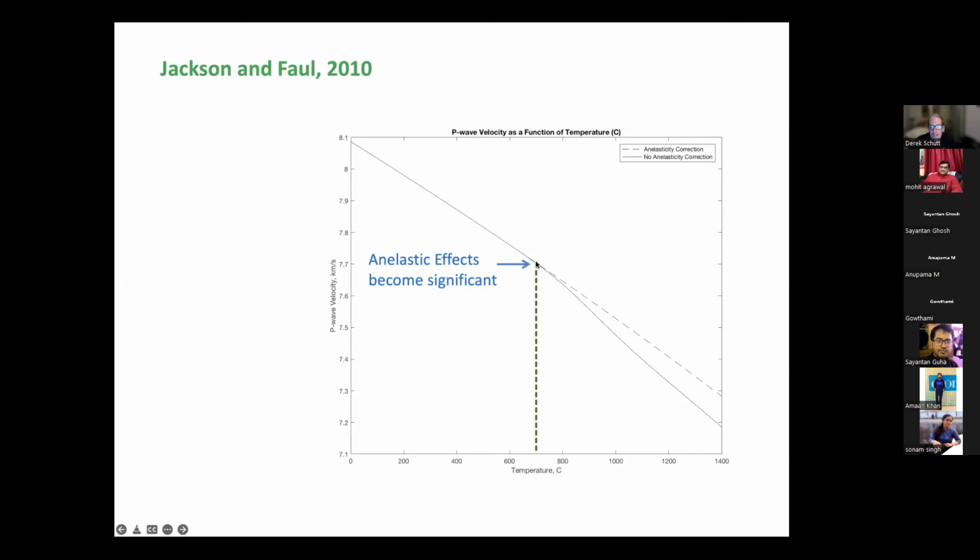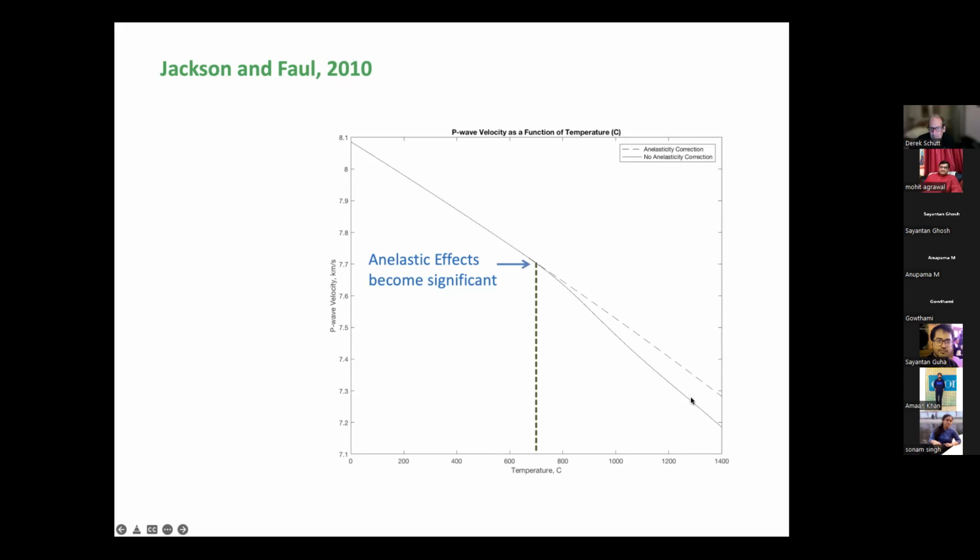Then at about 700 degrees, we see this additional anelastic effect, which causes a further decrease in velocity. And 1300 degrees or so is roughly the solidus.